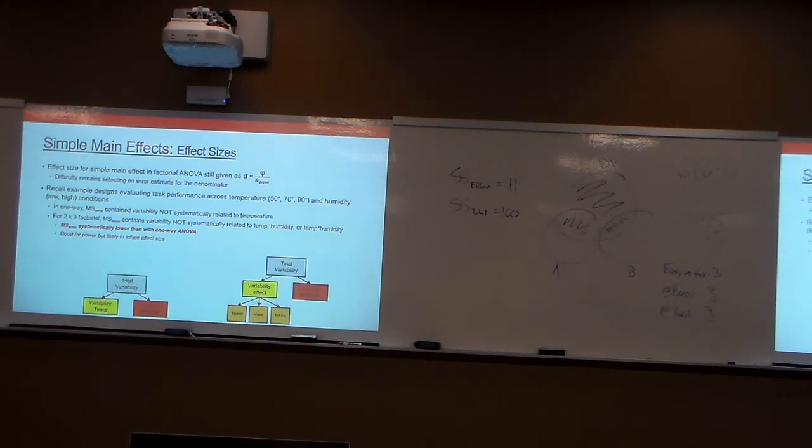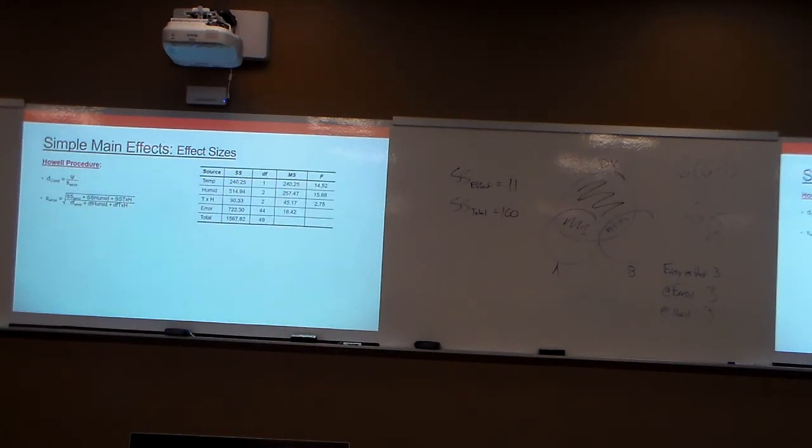If I find something that's worth publishing, chances are I probably overestimate my effect size anyway, right? And so we want to avoid systematically inflating that estimate of effect. The concern with just pulling that error term from the overall factorial ANOVA is that mean squared error is going to be an underestimate of variability, and so it's going to jack up our effect sizes. Okay, so a couple of different options in calculating our effect size.